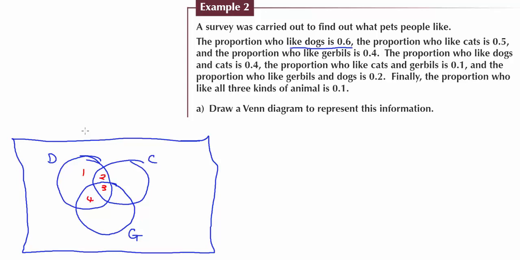So it says the proportion of people who like dogs is 0.6. Unfortunately, all I know is that these 4 sections add to 0.6, but I can't put 0.6 here. If I do, I'm saying these equal 0, this equals 0, that equals 0. I can't say that. All I know is that these 4 add to 0.6. Well, that's not very useful for me yet.